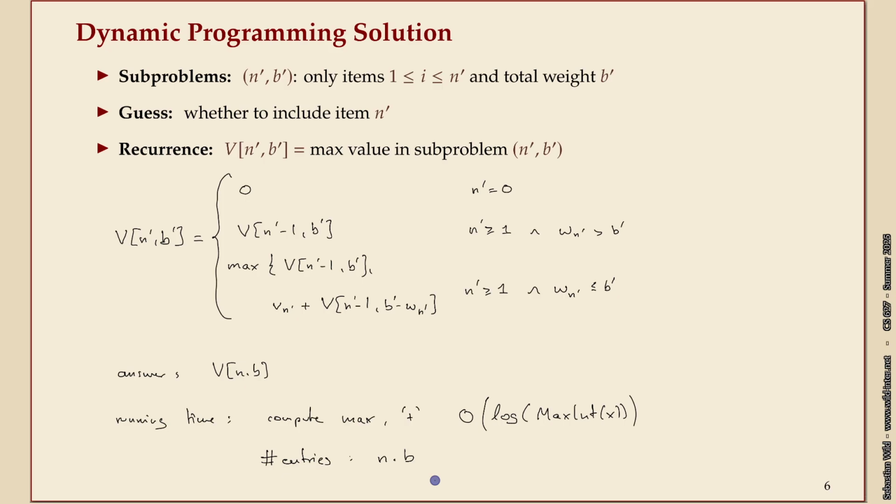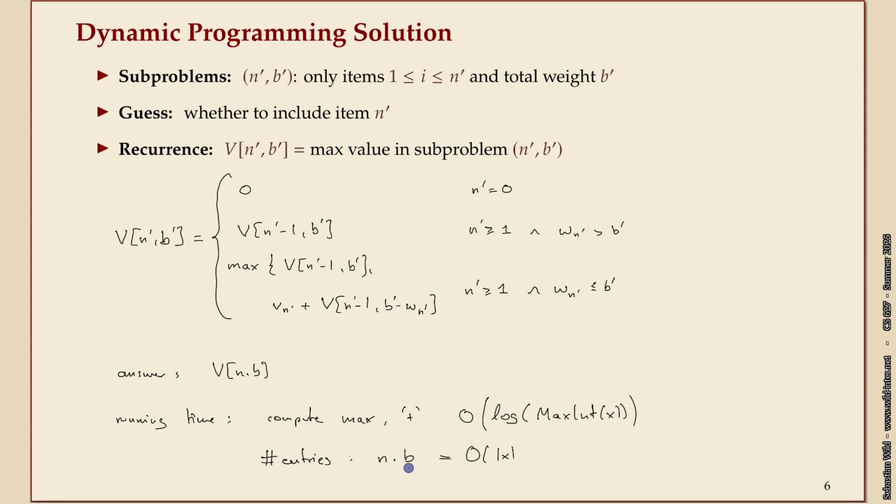And now the number of items can be bounded in terms of the size of the input, but B is a number that I'm specifying in the input. The items are bounded by the input size because I have to list a number for each of them. So I need to spend at least n bits to specify n items.